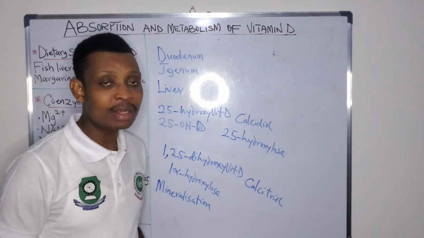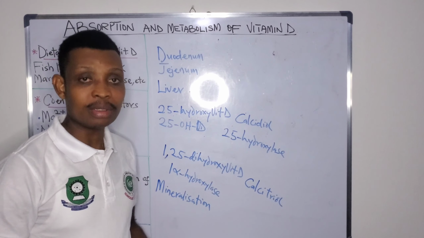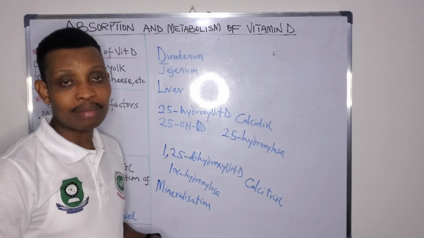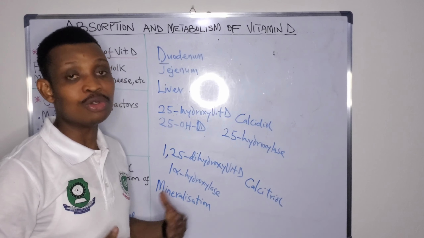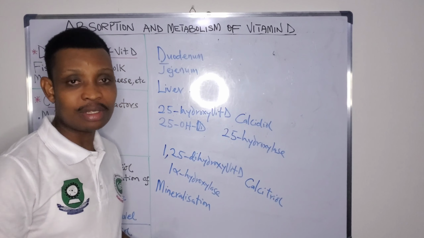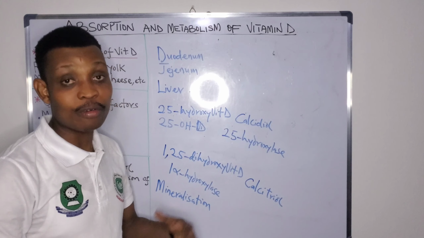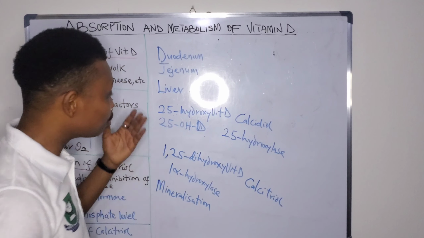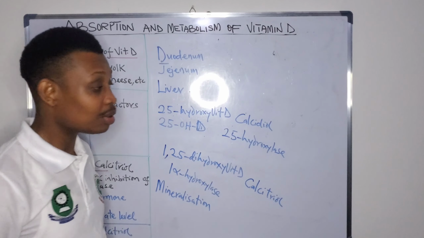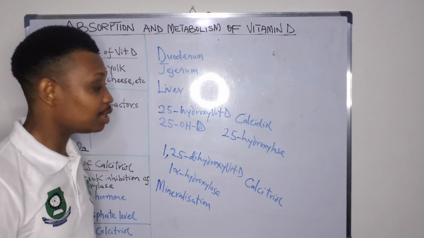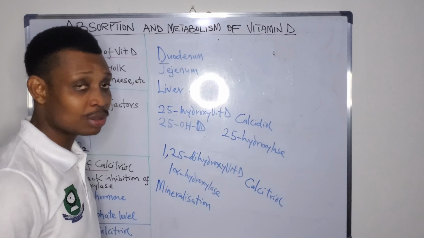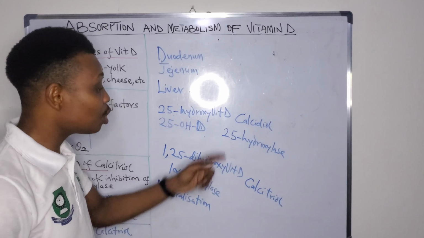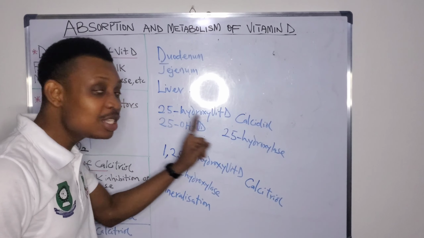Now, for every activity that goes on in the body, there must be some form of regulation to ensure that biochemical components are not produced in excess, or certain activities are not being over-exaggerated, and that is a process of what? Regulation. So the production of calcidiol and calcitriol has to be regulated. So for calcidiol to be regulated, there will be a negative feedback inhibition on the enzyme that catalyzes its production.